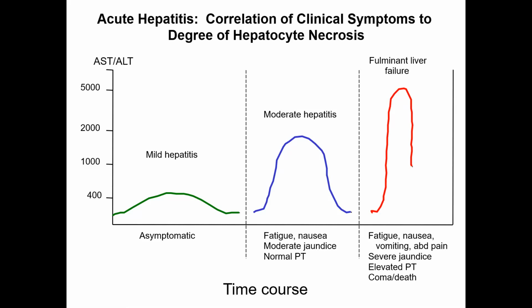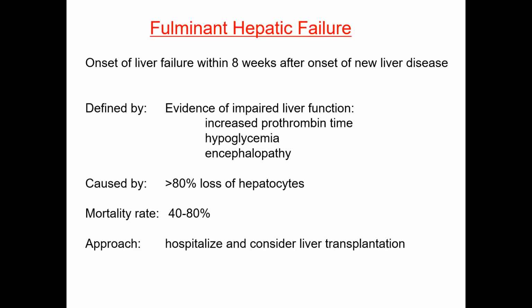And there are several etiologic agents that can actually cause this condition of fulminant liver failure. Fulminant hepatic failure is defined as an onset of liver failure within 8 weeks after onset of new liver disease. So within 2 months, the patients can have liver failure, and of course, if the liver fails, it's just like a death sentence for the patient.